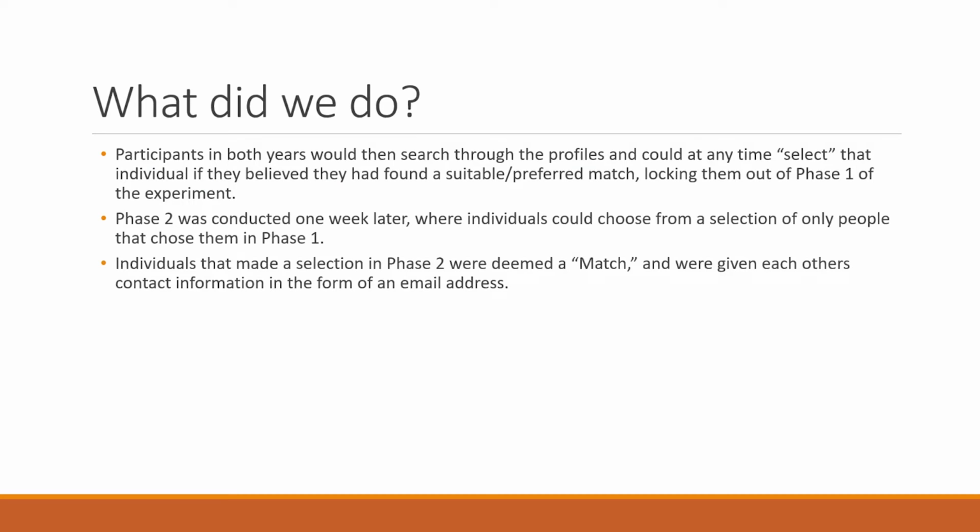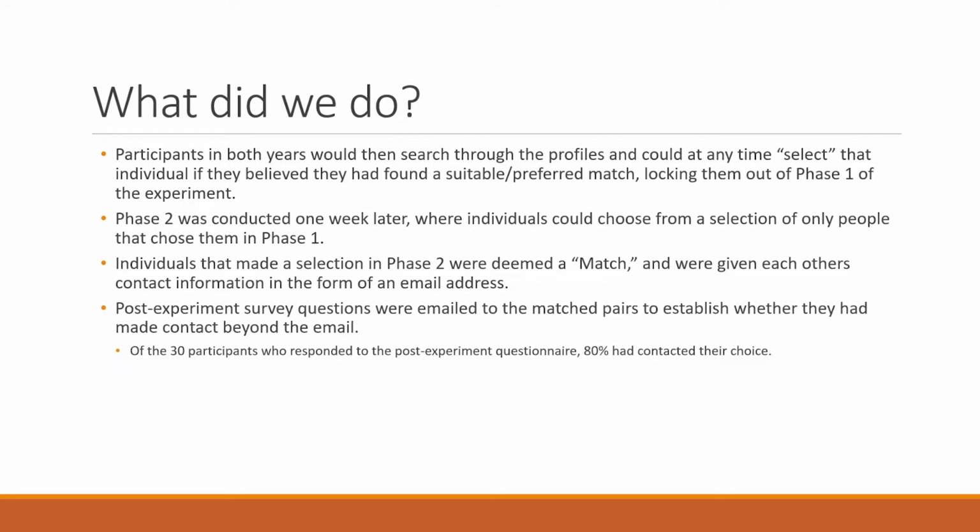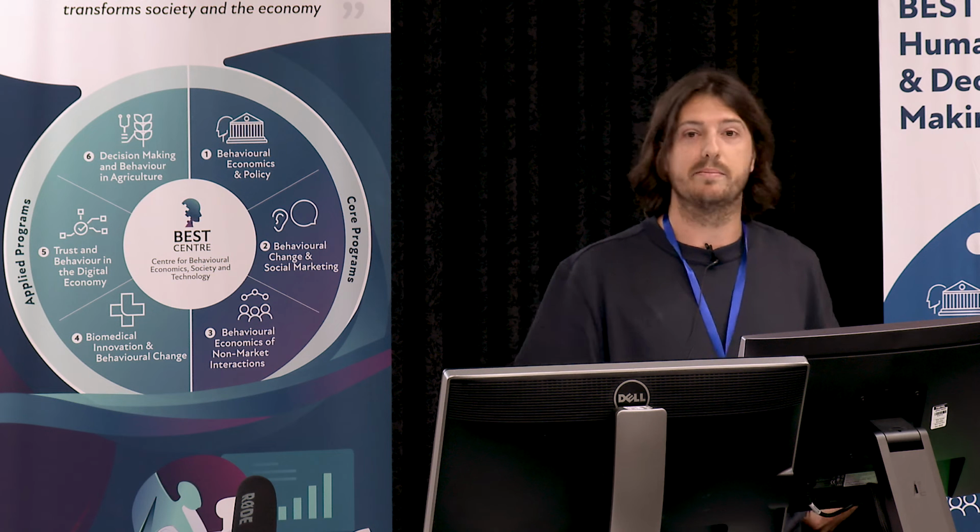Individuals that made a selection in phase 2 were deemed a match, and they were given each other's contact information in the form of an email address. Post-experiment survey questions were emailed to the match pairs to see whether they had made contact beyond that email, and we found that 80% of the 30 participants who had actually matched had contacted that choice outside of that email.